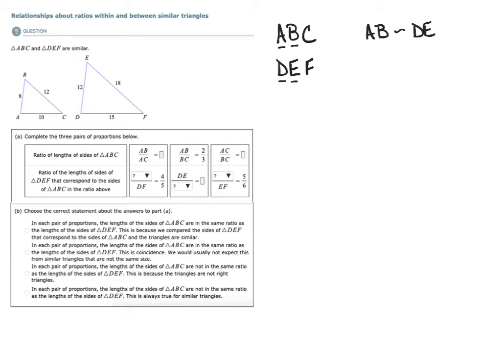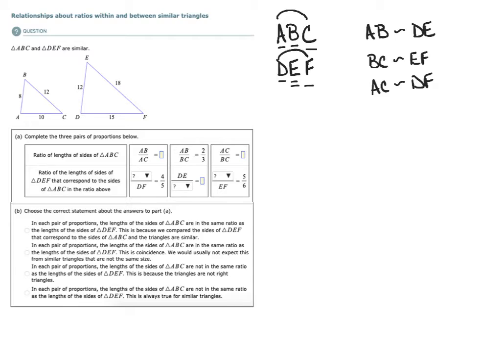Then our second and third angles are going to be corresponding sides, so BC and EF. These are also similar. And finally, our first and third angles will line up as well, and they will be corresponding. So AC and DF, and these are similar.